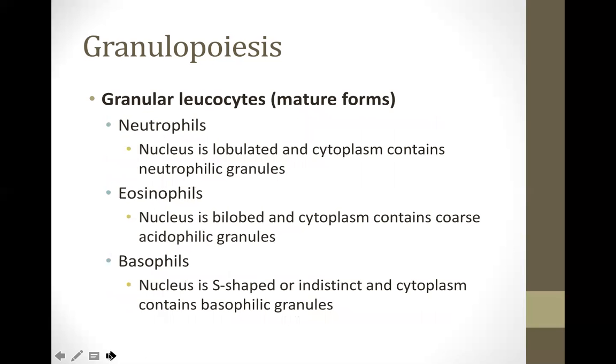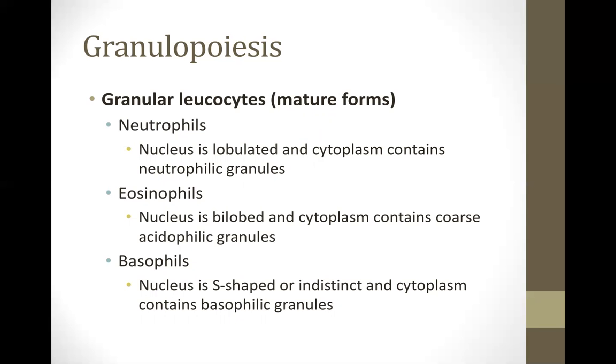Okay, and ito na, ang mga mature forms. These are your granular leukocytes or your granular white blood cells. They are lobulated now and the cytoplasm contains each granules. Now, class, pag tinanong ko sa inyo, how many nucleus are there in neutrophil?